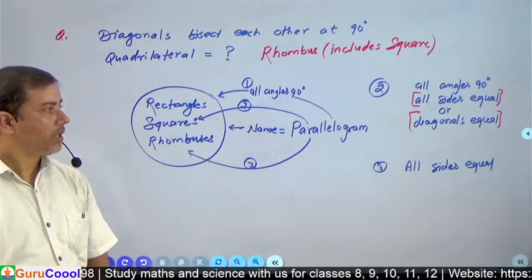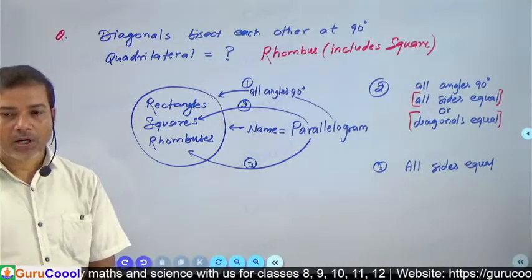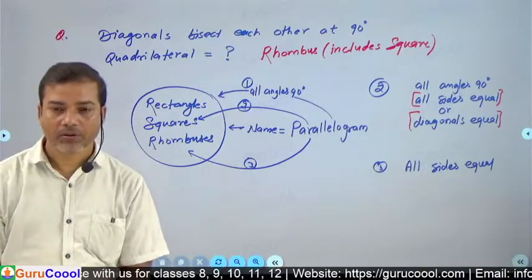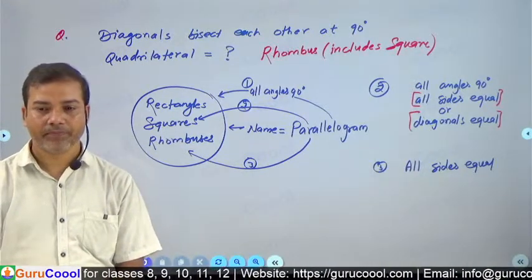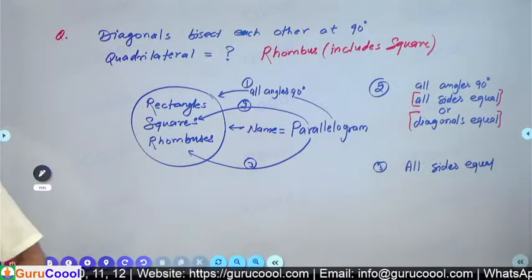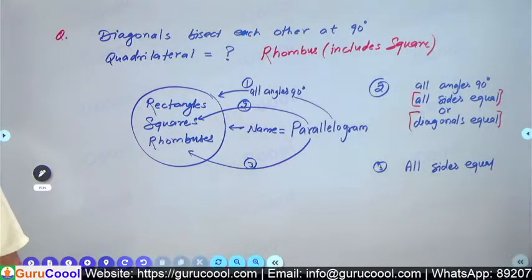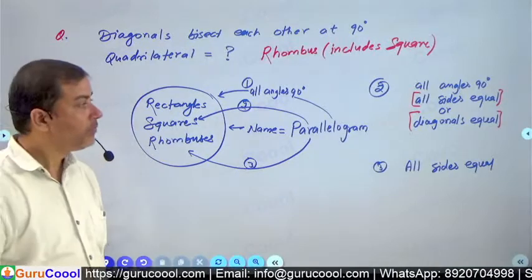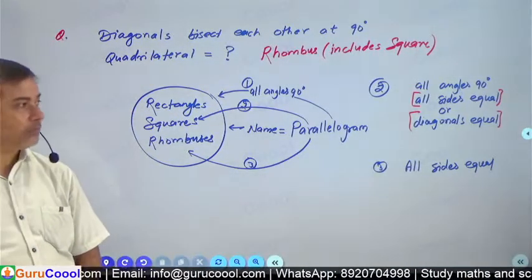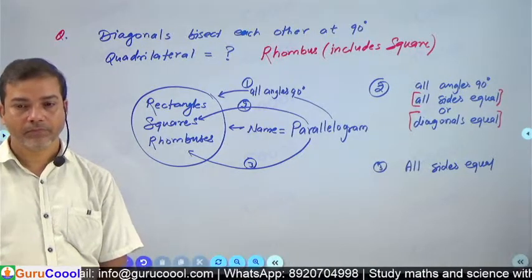Yes. Next, what are the specific properties a parallelogram has to follow to become a square? Sir, all angles 90 degree and all sides equal. David, say again. All angles 90 degrees and all sides are equal.